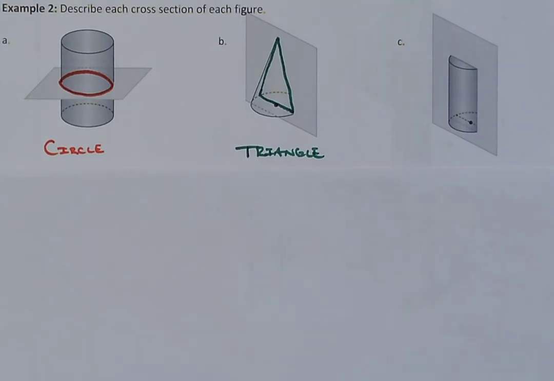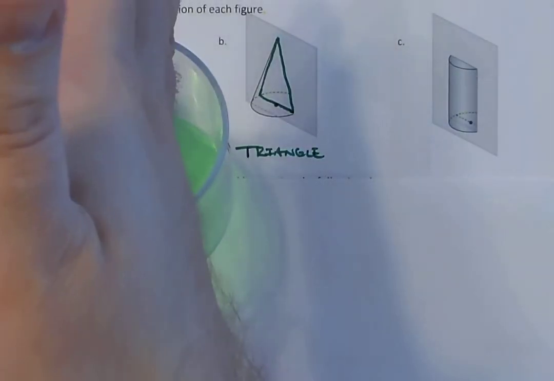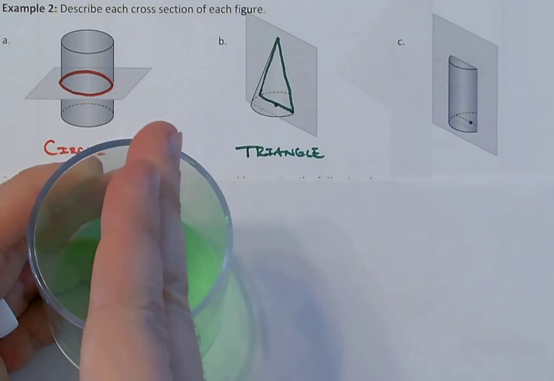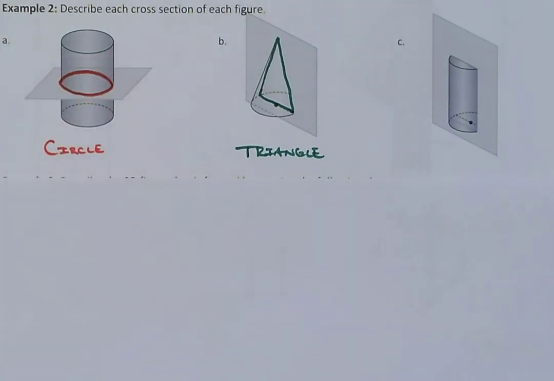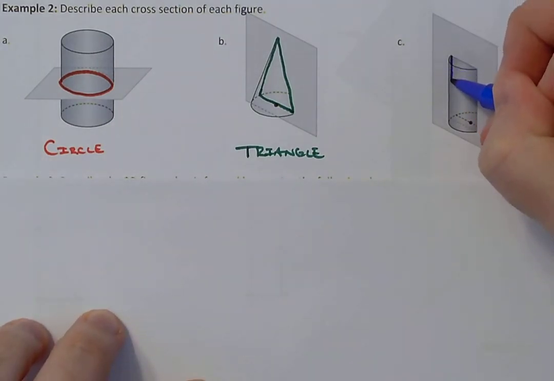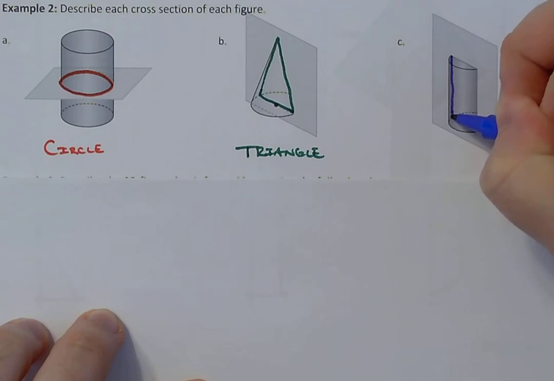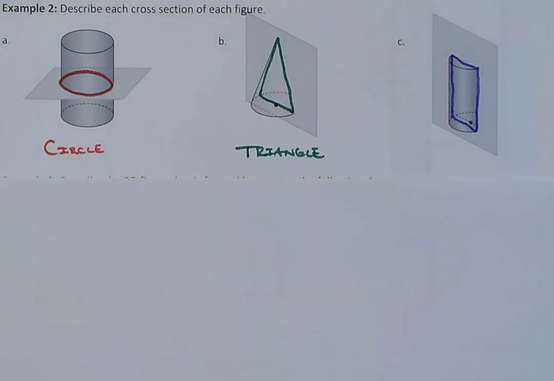All right, last one, for C. Again, they are taking a cylinder, but instead of going through the middle, they're going straight down the top. So they're going right down the middle through the top, and the shape, it's not fully well seen here, but I'll try to highlight it, is that purple outline.